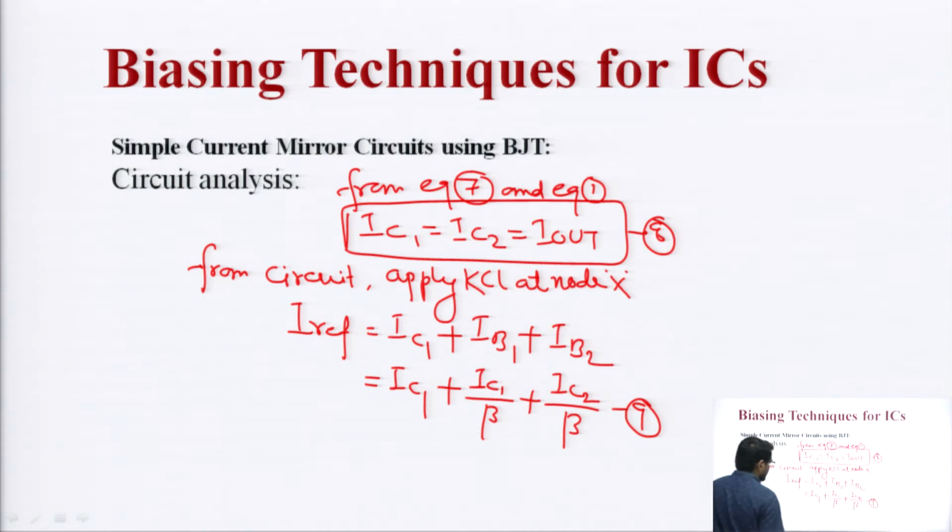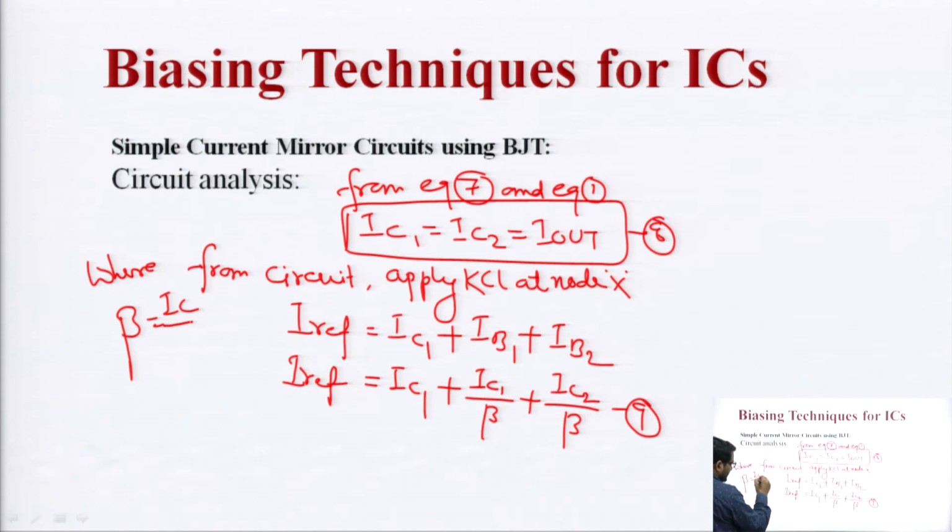This is equation 9, where beta is IC by IB, the common emitter current gain.